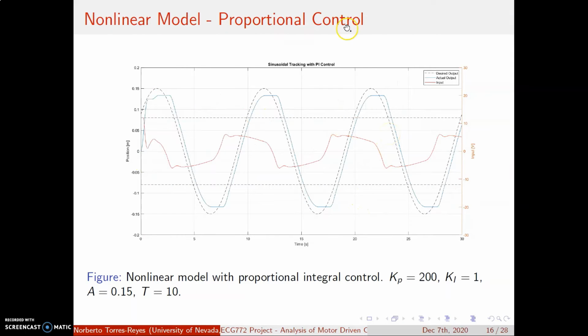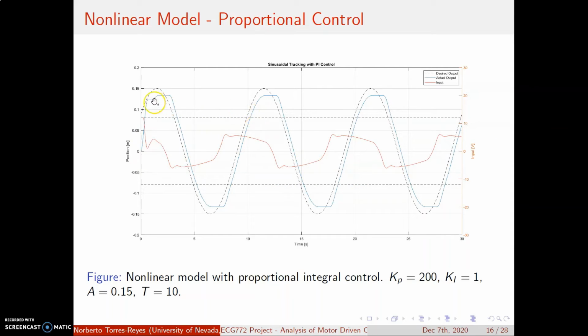For the nonlinear model with proportional control, the parameters are the same. Kp is 200, Ki is 1, amplitude is 0.15, period equals 10 seconds. The biggest difference is we do have the saturation on the input and the very nonlinear nature of the input.